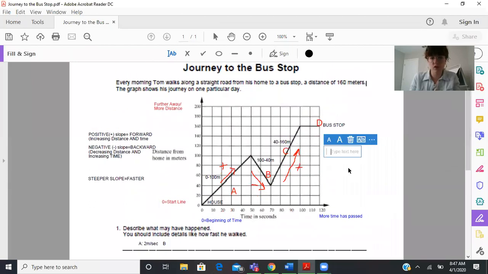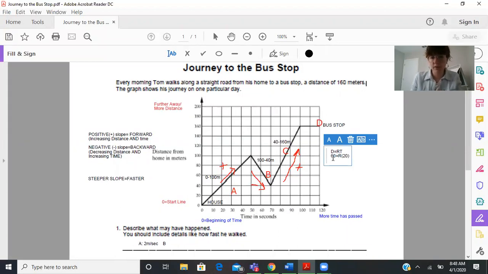All right, for section B, I go from 100 to 40. So he travels 60 meters because 100 minus 40 is 60. I don't know the rate. And the time it took was from 50 seconds to 70 seconds. 70 minus 50 is 20.